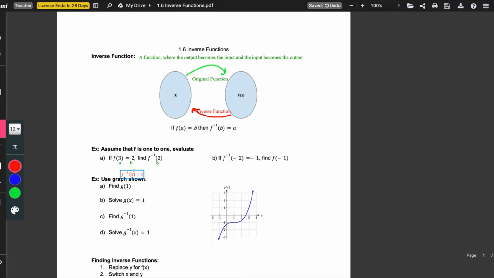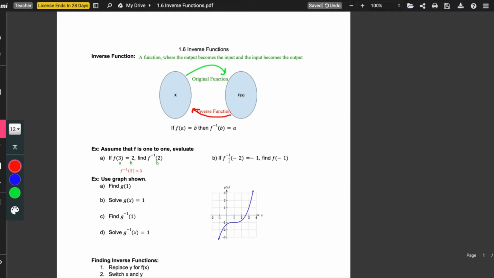It's just going backwards. If this is the output, then it's going to determine the input 3. So all I did was really swap the 2 and the 3. That's what an inverse function does. It says that the output is now the input.